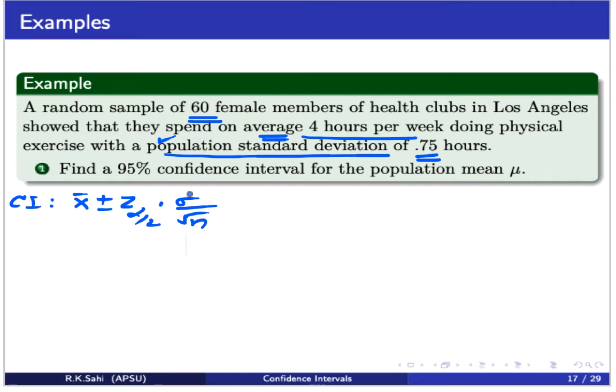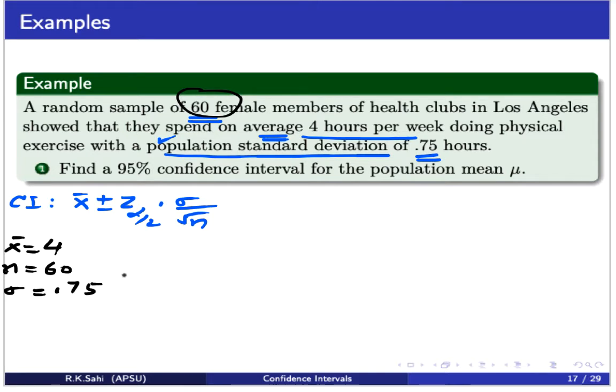Okay, so once we have written down the formula, after that it's just writing down all these values. So before we plug in the values, my recommendation to you is, go ahead, write down what are the values for each of these parameters. Now, x bar, simple, is the sample mean, which is the average 4. Now, we know n, which is 60. Population standard deviation, sigma, which is 0.75.